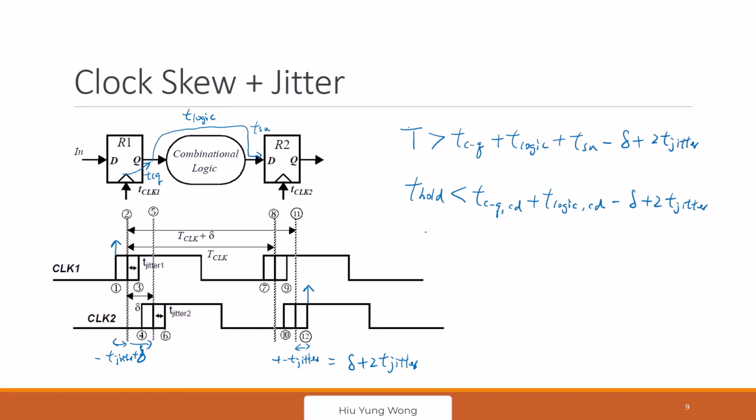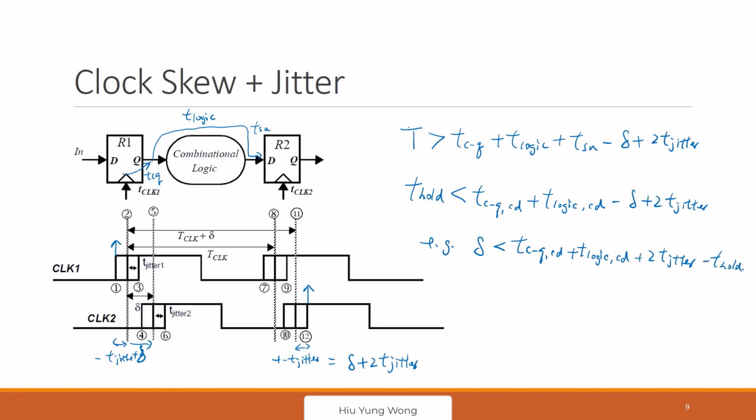Right, so for example, I can look at the delta. Let's say you are given T clock-to-Q contamination delay, you're given the T logic contamination delay, you're given 2 T jitter, and then you know the T hold, right?